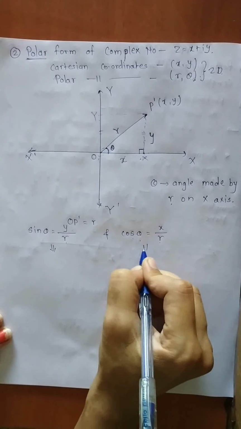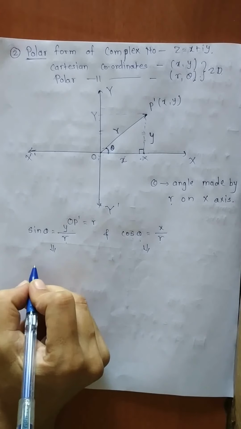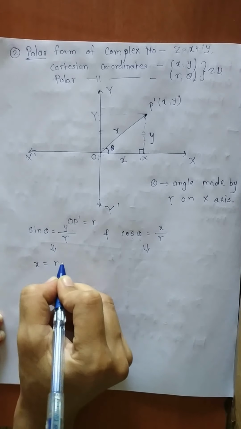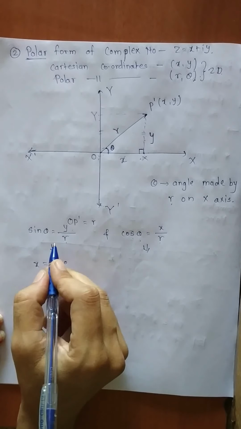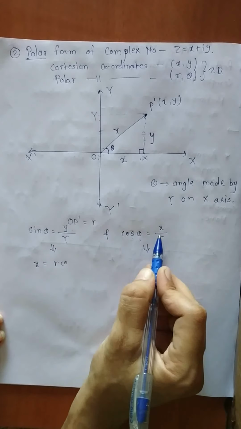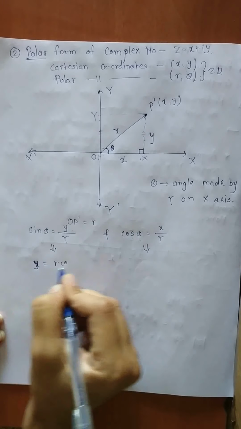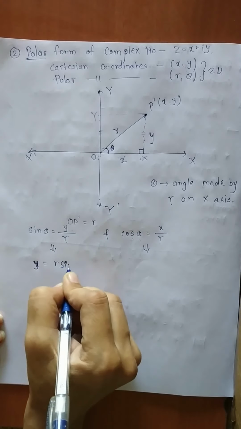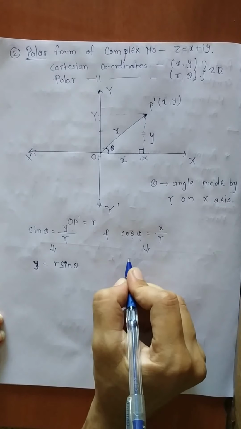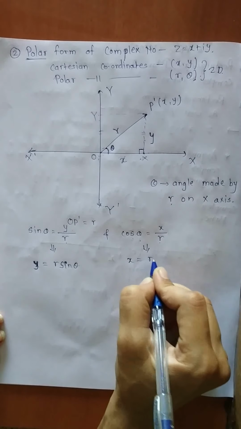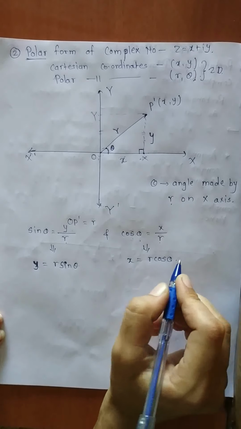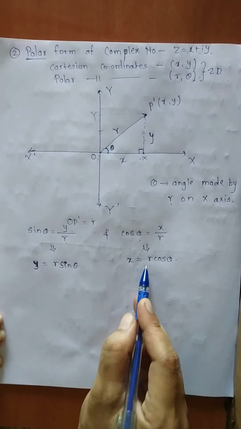So this implies y is equal to r sin theta, and x is equal to r cos theta. So we got x and y.